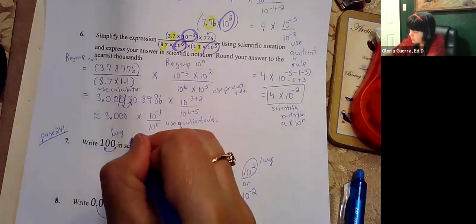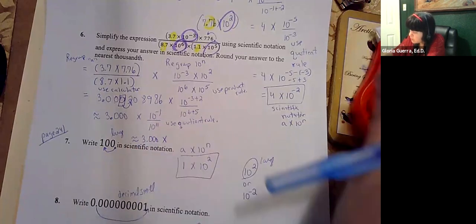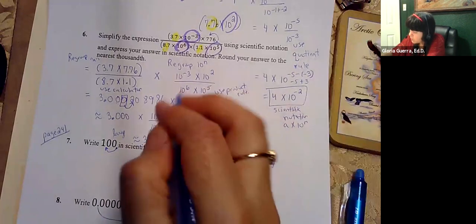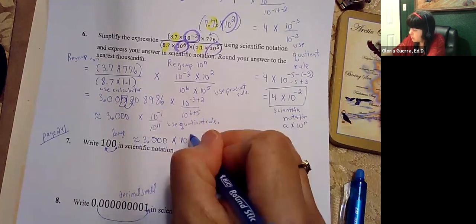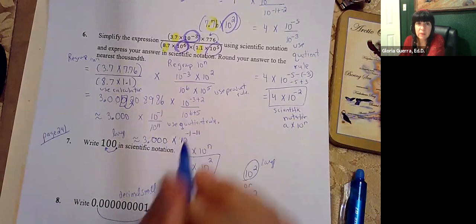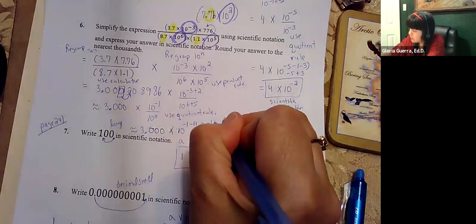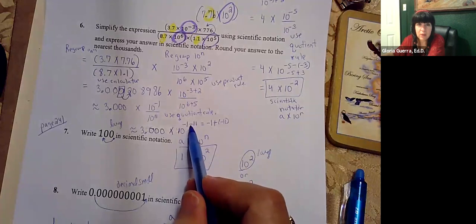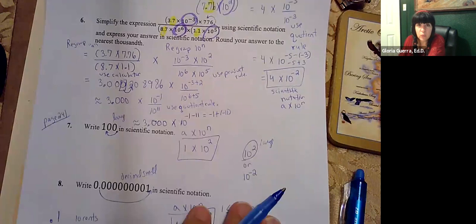So I have approximately 3.000 times, so 3.000, that's your suitable A, times 10, and you're going to do -1 minus 11, top minus bottom, which is -1 plus -11, right? When you're subtracting signed numbers, see the negative, you want to rewrite it as an addition problem, adding the opposite. And -1 plus -11 is a -12.